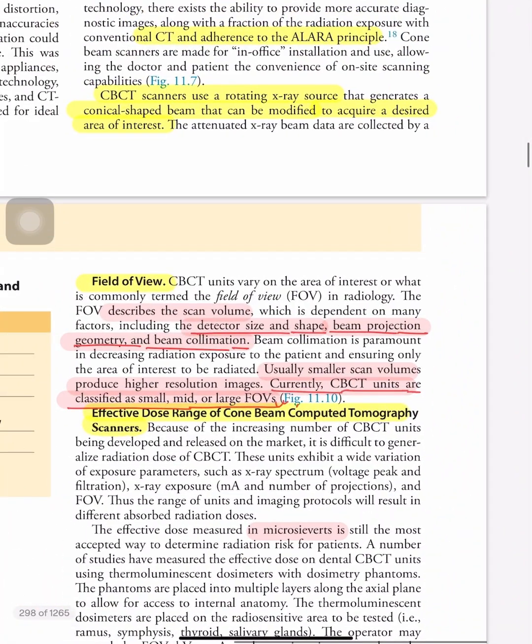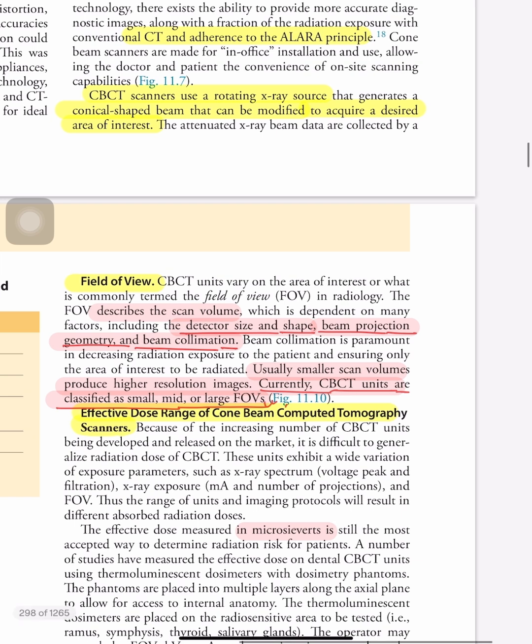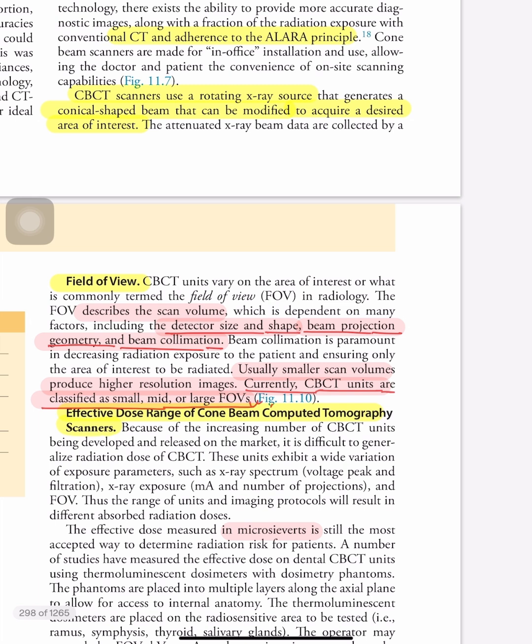Now we talk about field of view. If you have a smaller field of view, you will have a better and clearer picture. If you have a larger field of view, you will have certain blurring or distortions in the images. So the field of view could be small, medium, and large.